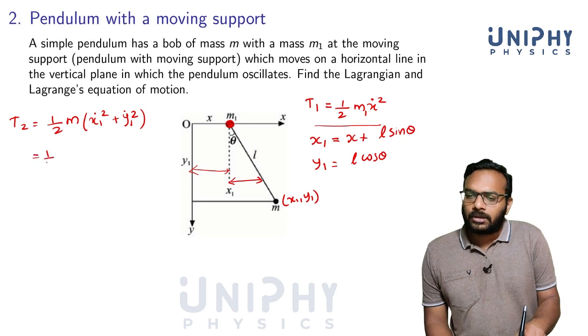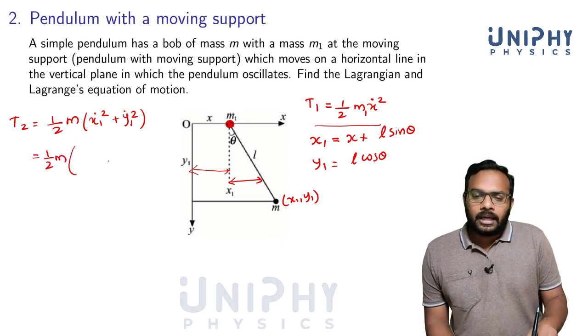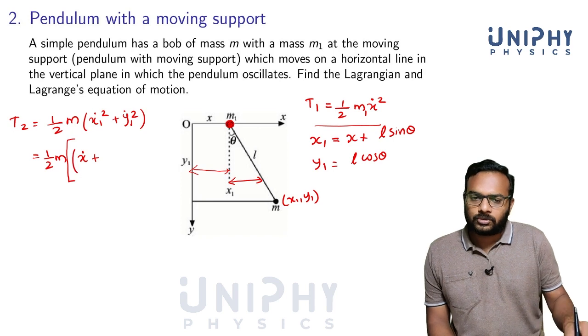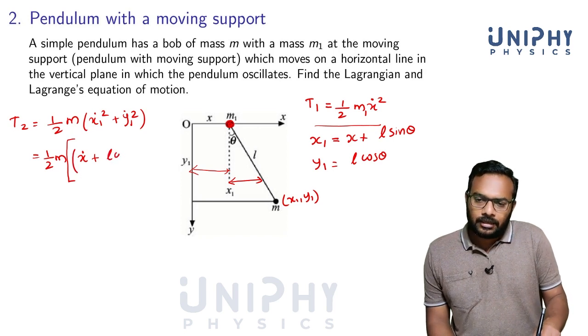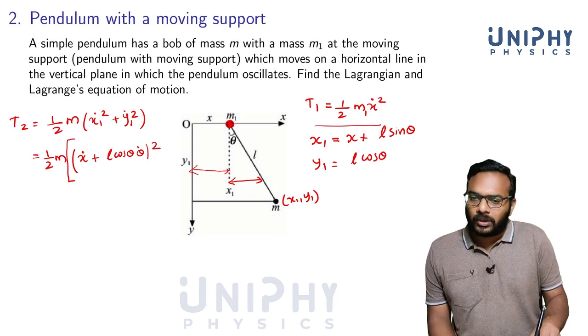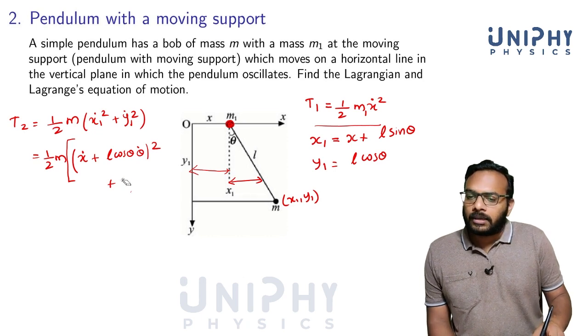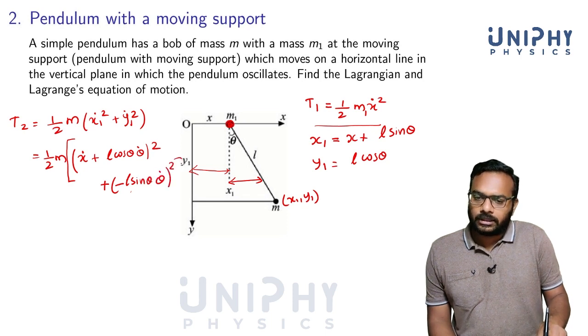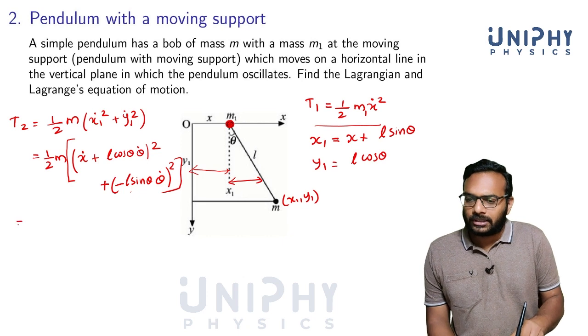Okay, x1 dot is x dot plus L cos theta theta dot. That's x1 dot square plus y1 dot square. And y1 dot is minus L sin theta theta dot. Okay, that's T2. Now it's a matter of simplifying this.